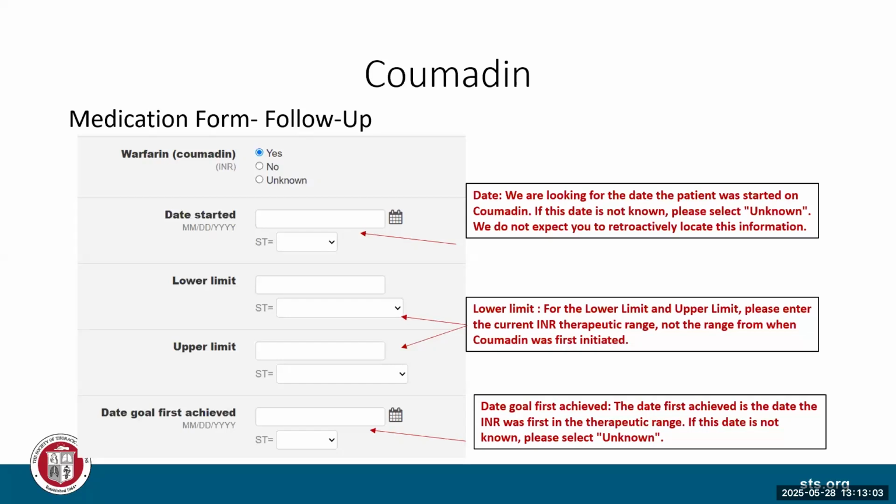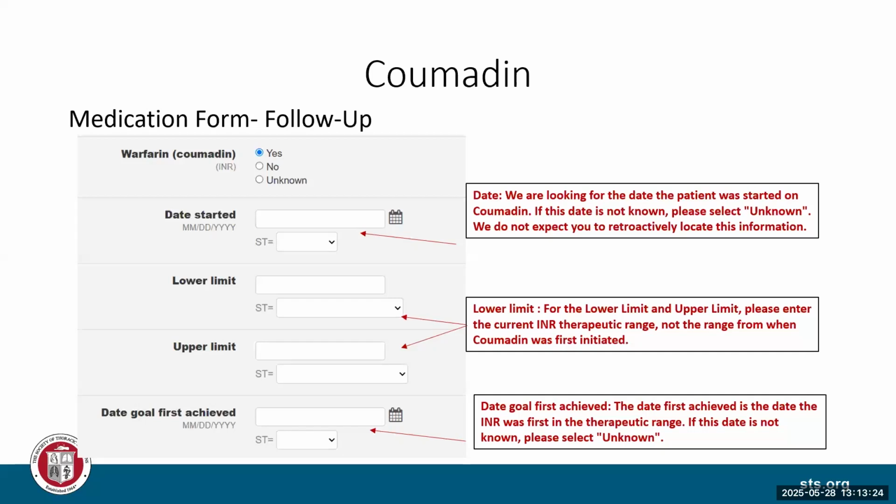And then Deborah, I thought that the date the goal was achieved was when they initially started Coumadin. That's kind of what Nancy and I were discussing. Should it be the date that the patient initially started Coumadin, or the date the INR was first in therapeutic range?